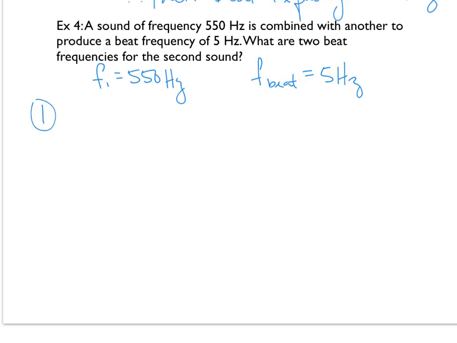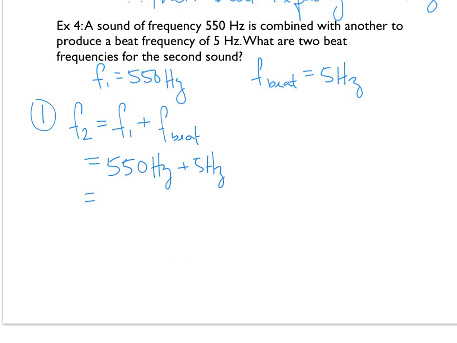The first case is that your second frequency is equal to the addition. So we're just moving around the original equation, and that's going to be 550 hertz plus 5 hertz, which is equal to 555 hertz.